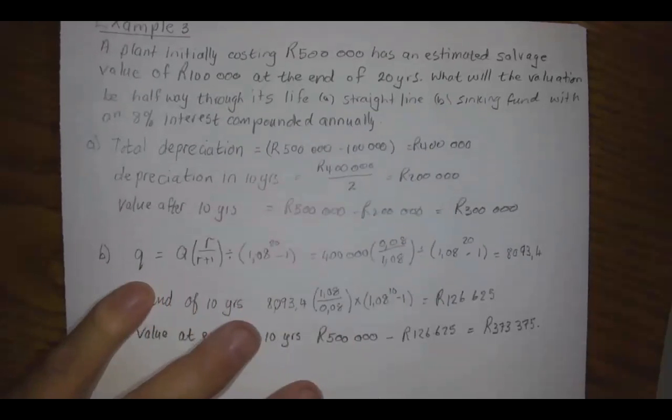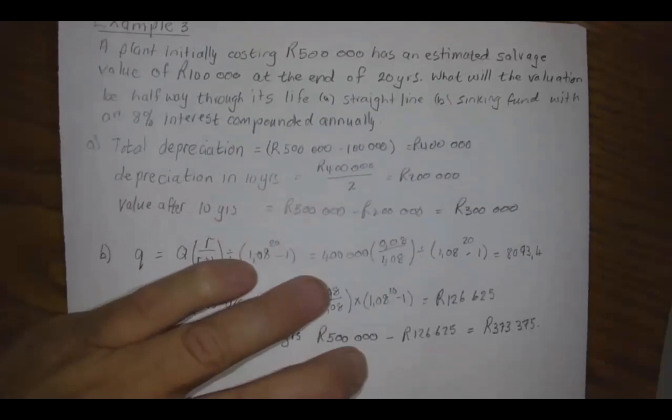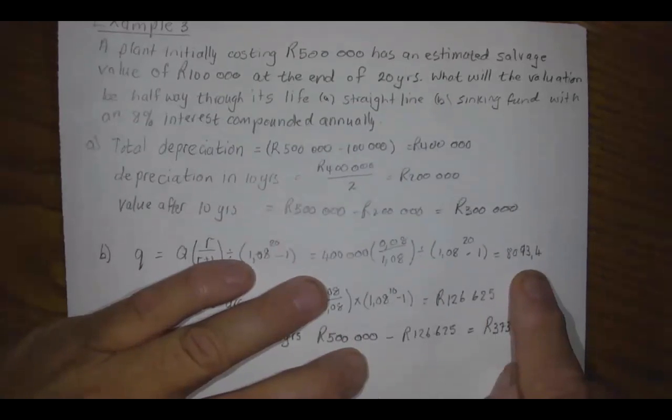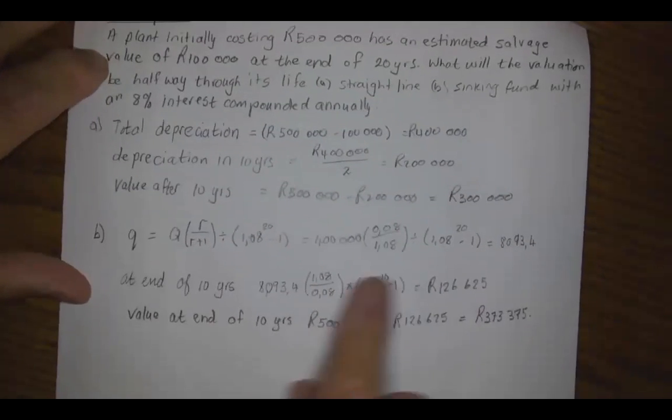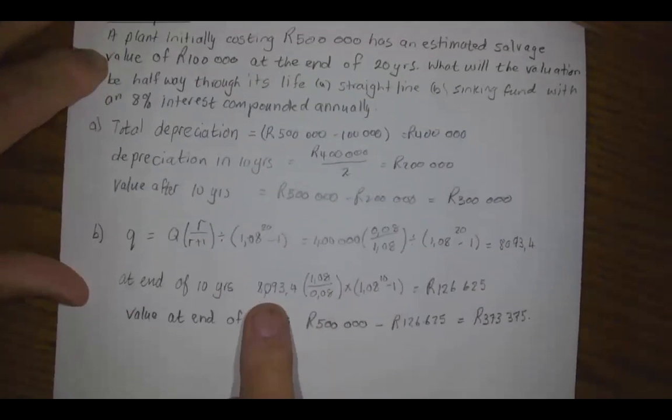If we use the sinking fund method, we get 400,000 times 0.08 divided by 1.08 to the power of 20 minus 1. That gives us 8,093 and 40 cents. So at the end of 10 years, it will be 8,093 times 1.08 to the power of 10 minus 1, divided by 0.08. You now see it's the opposite of what we are calculating normally.